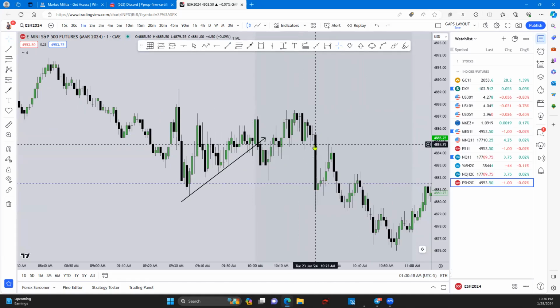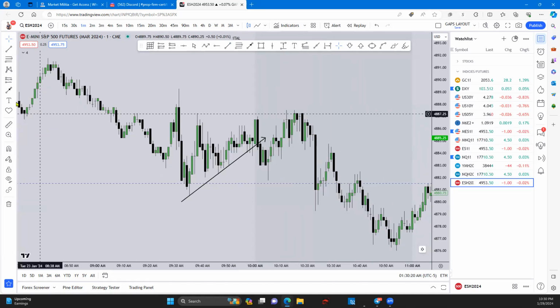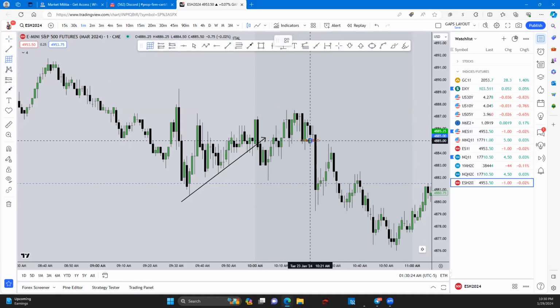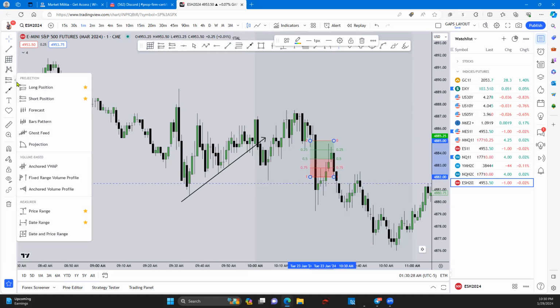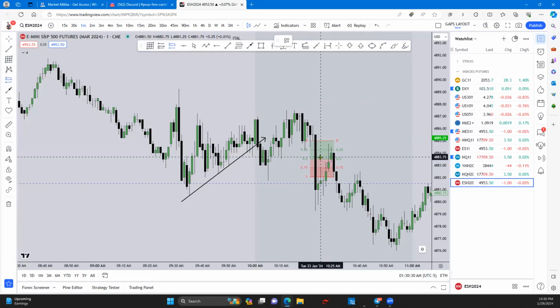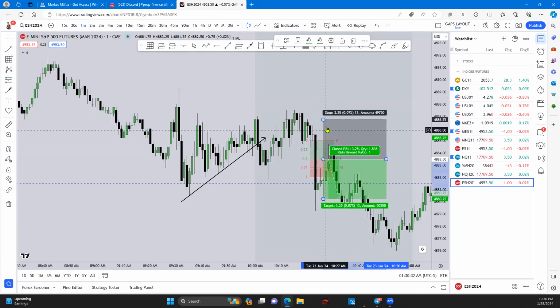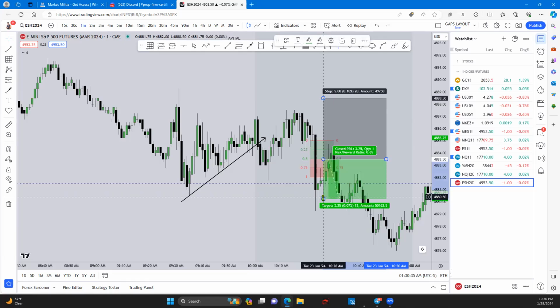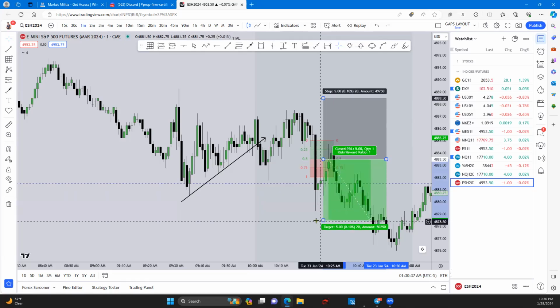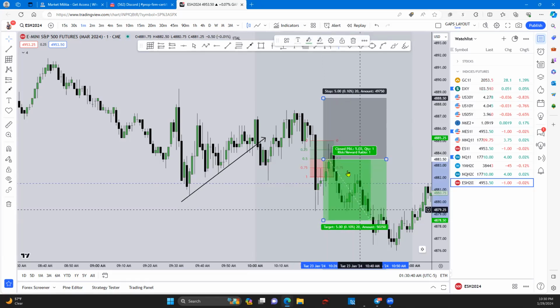So here, 10:23, we get this huge candle, right? So we get this huge bearish 1 minute candle. Since it's so big, target in here, 50%, stops 5, take profit 5 points. Okay, look at that, 1 to 1, boom.